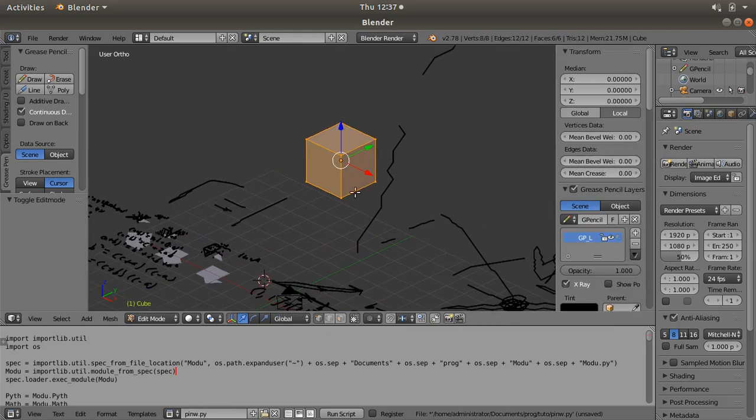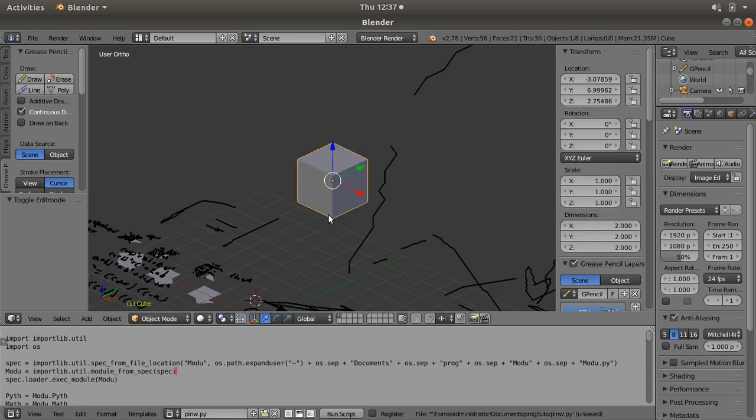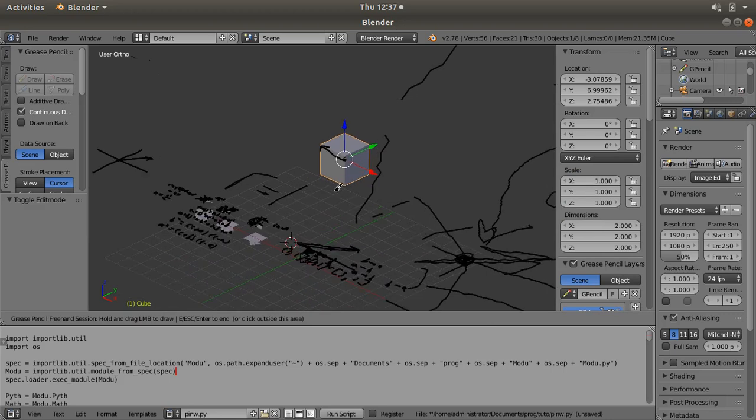If I select one of these vertices, it gives a local position, -1, -1, 1, and Z. And that can be thought of as a vector that points from the object's origin to the vertex. And if I wanted to figure out the global position from the origin, then I would add the location of the object.